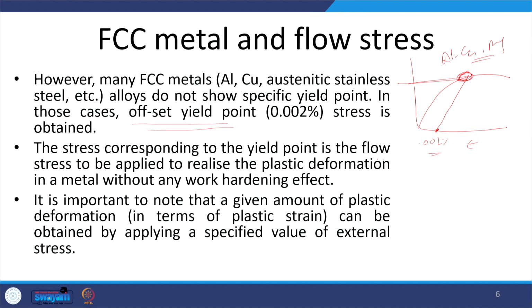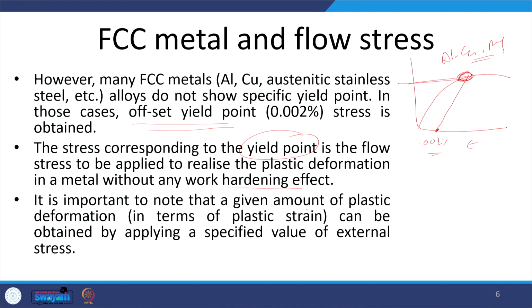The stress corresponding to the yield point is the flow stress to be applied to realize plastic deformation in a metal without any work hardening effect. Okay. So, this is especially done when the yield point indicates the flow stress in the annealed condition, when there is no work hardening effect.